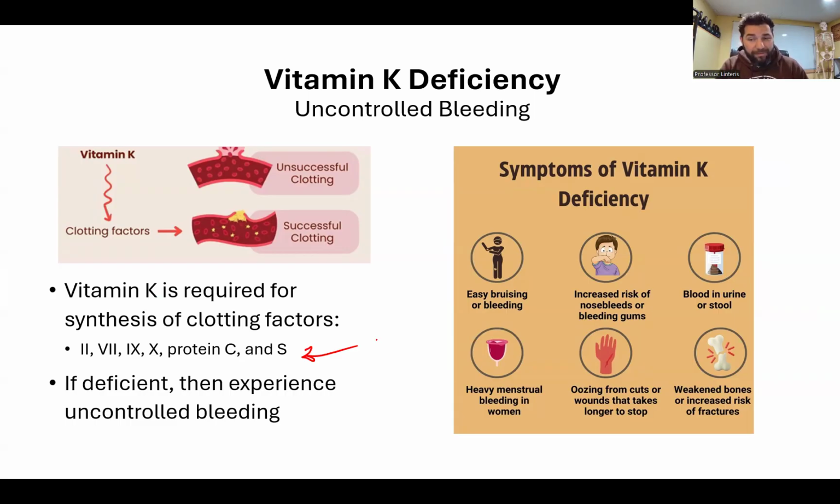So if you don't have enough vitamin K, you can't produce some of those Roman numerals, and you're going to have difficulty or inability to clot blood, right? So you can have uncontrolled bleeding, very, very similar to some of the symptoms that we just saw. And obviously, if you take vitamin K, then you'll be good, right? So that's a nutritional deficiency leading to very similar symptoms to hemophilia, but hemophilia is a genetic condition.